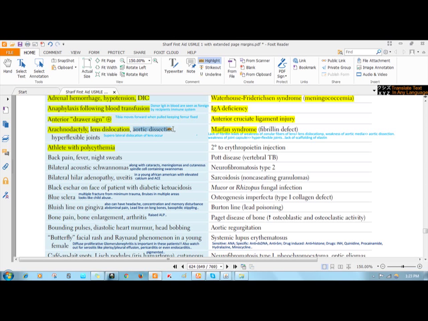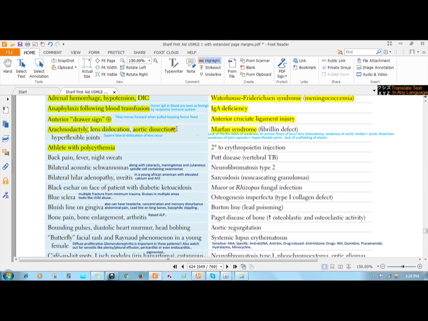Okay, next, aortic dissection. First of all, aorta is a very high pressure system. So it pumps blood from your heart to the tissues, and that's why this channel is under so much pressure. If the extracellular space, or ECM, extracellular matrix, is weak due to a defect in fibrillin, now there will be degeneration of the extracellular space, especially the aortic media, also known as cystic medial degeneration of the aorta, because there is a defect in fibrillin.